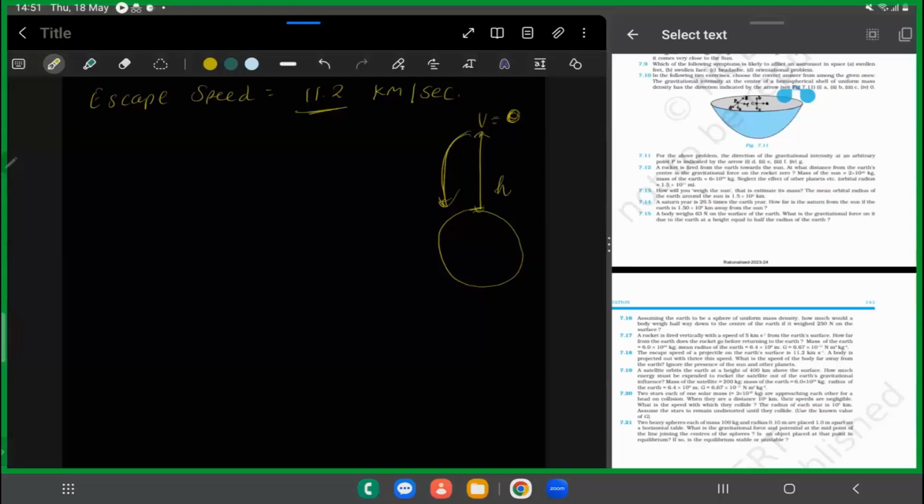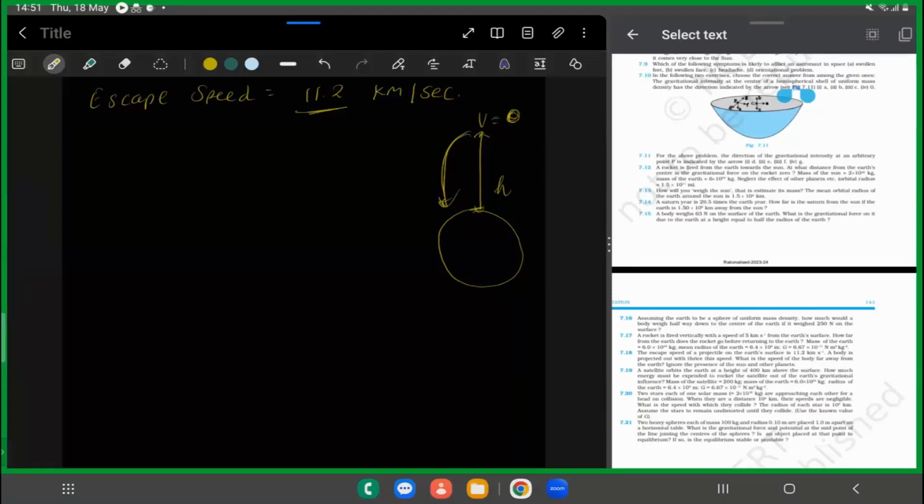So you just have to do the simple conservation of energy, because there is no loss of energy. There would be some loss of energy due to the atmospheric air or some other factor, but we don't have to consider that in this case, because nothing is mentioned in this question.